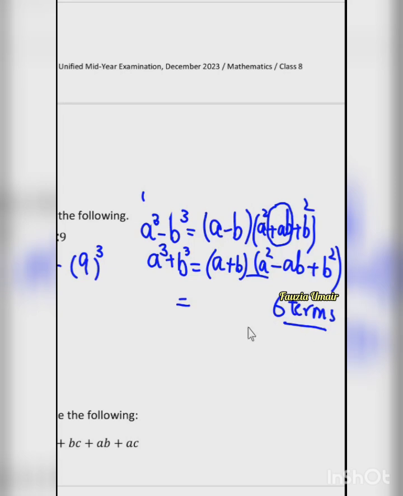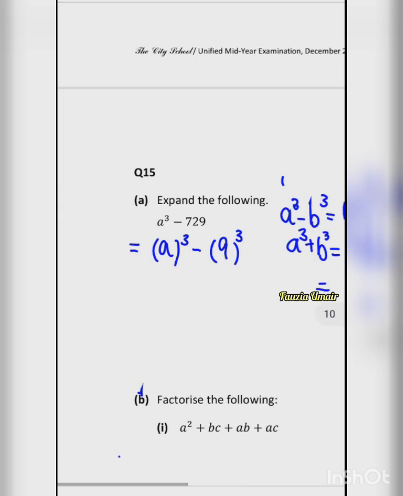Are you getting the point? So this formula is really helpful. You can see how long 6 terms were there, but we have made a formula so that whenever this multiplication is done, the answer is always 2 terms. So who can help me in writing this answer using the same formula? A cube minus 9 cube. What will come?